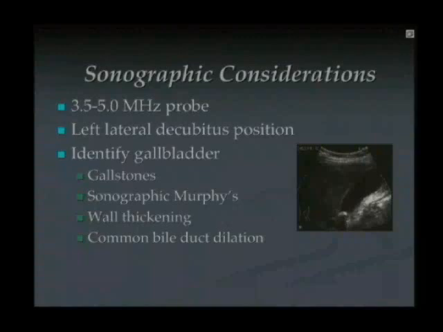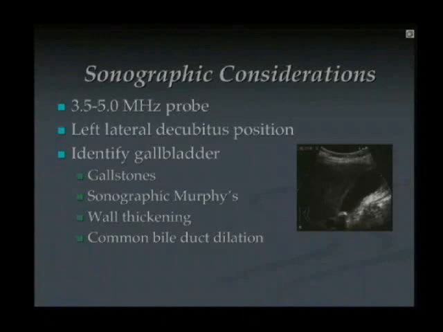So what are we going to use? Well, I already told you that 3.5 megahertz is jack of all trades. So a 3.5 megahertz probe would be a great place to start. And you want to position your patient so left lateral decubitus is the ideal position. If you do that, you're going to have a relatively good long axis view of the gallbladder, and you're going to be able to see first if they have gallstones and sonographic Murphy's.